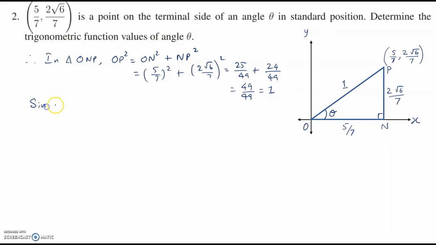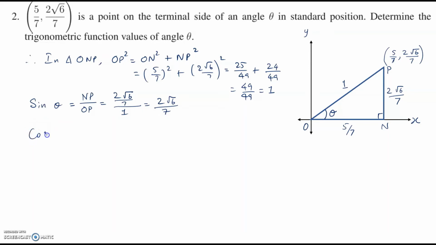Sine theta will be equal to opposite side by hypotenuse, and opposite side is NP. So, it's NP divided by OP. NP is nothing but 2 root 6 by 7 divided by 1. So, the answer will be 2 root 6 divided by 7.